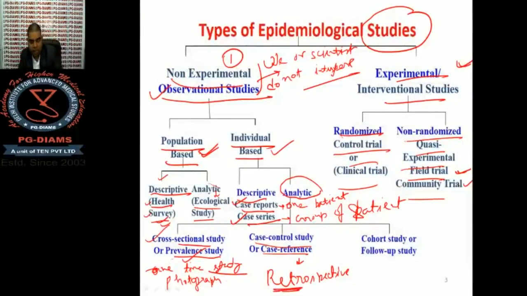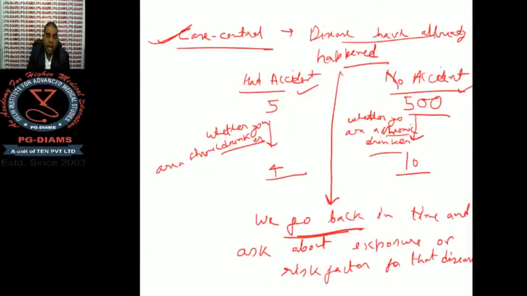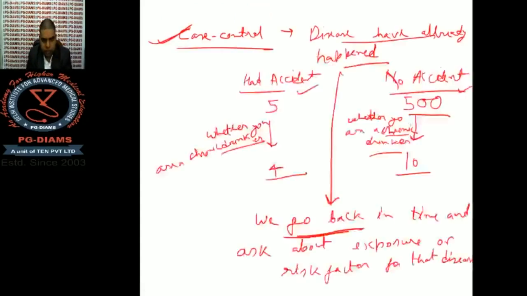Suppose now in a cohort study, you know that drinking alcohol might cause accidents, so you make two groups. Here again there were two groups, those who had accidents were cases and those with no accidents were controls.